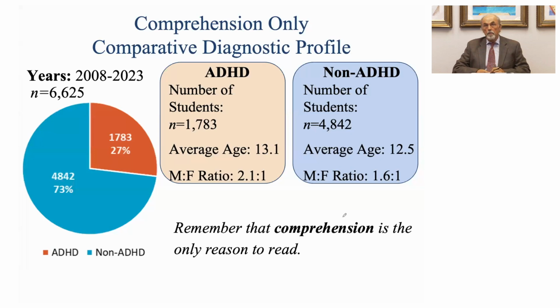You're going to see a different profile here. But of that whole population, 6,600 of these children fell into this category of only having comprehension deficits. And let's remember that comprehension is the only reason that we read.